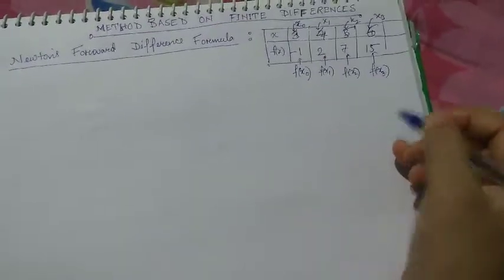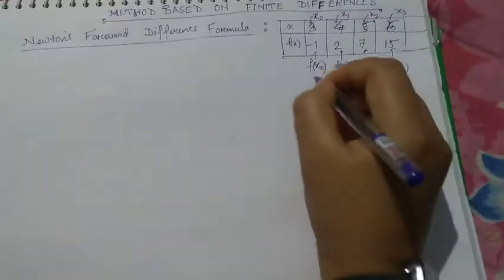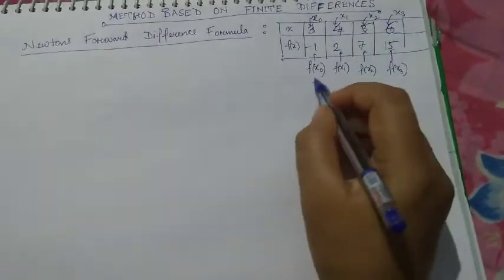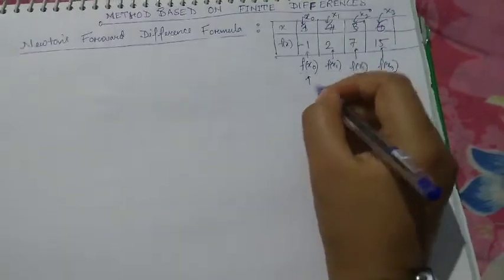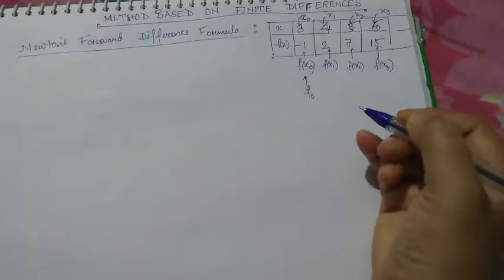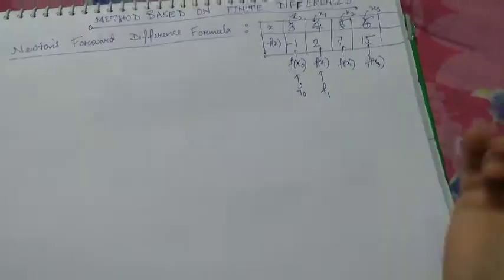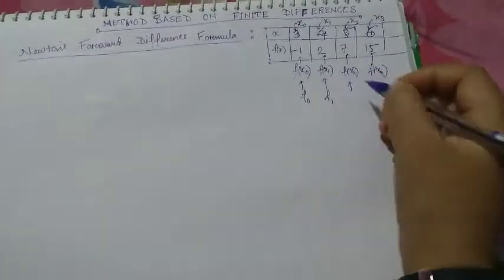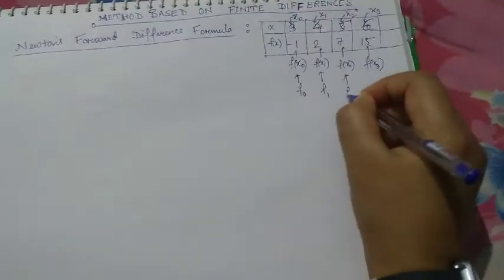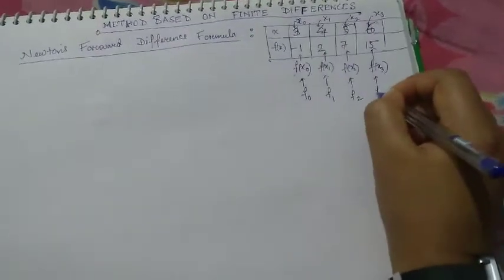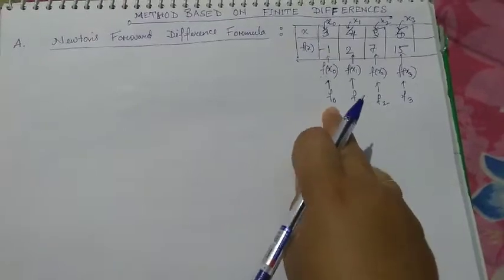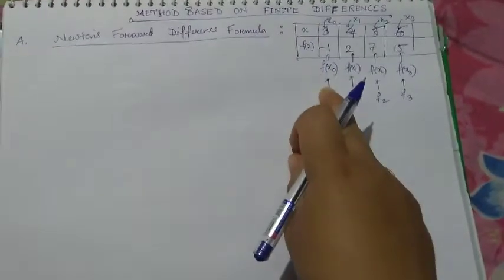Sometimes for our convenience, instead of writing f(x0), we may also write f0. Instead of writing f(x1), we may write f1, instead of f(x2), f2. Similarly, it may be written as f3, so don't worry. If I write sometimes f0, it means f(x0), so just keep in mind.